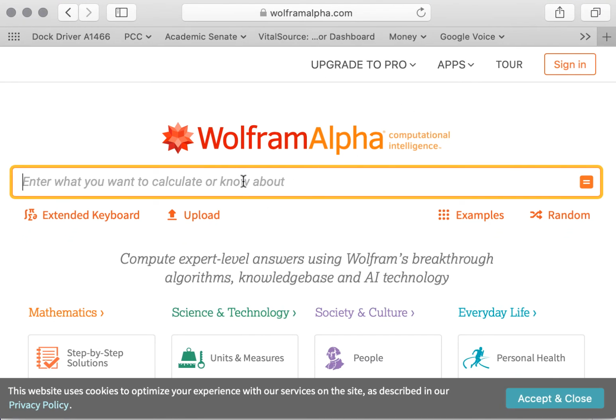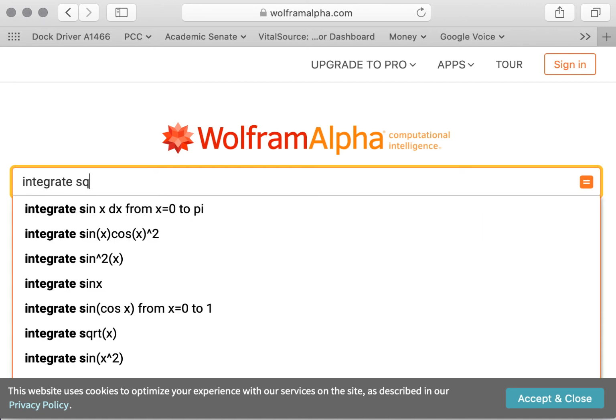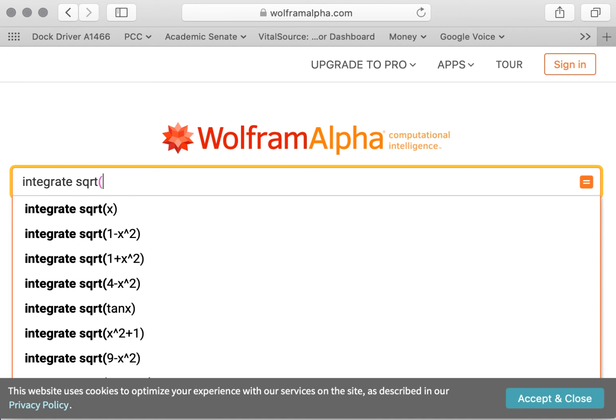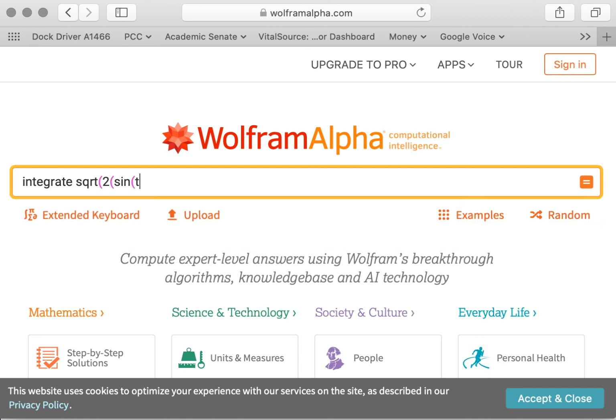We can type in integrate the square root of 2 times the sine of t squared, 2 times the sine of t with parentheses wrapped around the whole thing squared. And I'm actually typing this out to show you that as we type in the parentheses, Wolfram Alpha is helping us out a little bit.